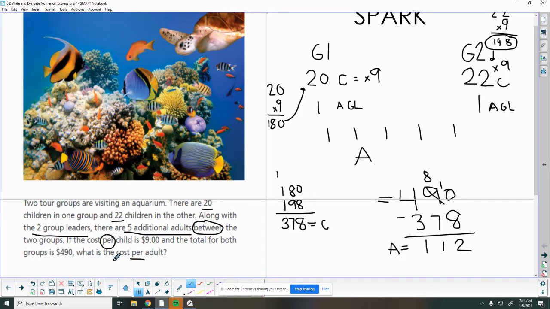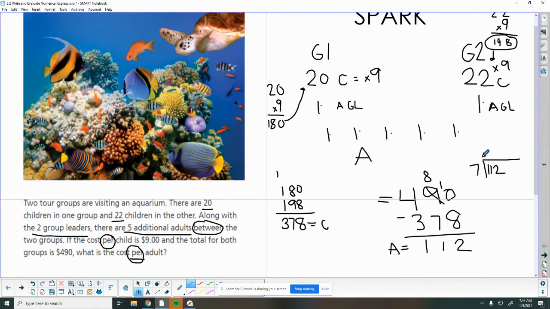But the question asks, what is the cost for 1 adult? So I need to see how many adults I have. 1, 2, 3, 4, 5, 6, 7 adults. So we're going to take 112 and divide it by 7 to see how much 1 adult will be.